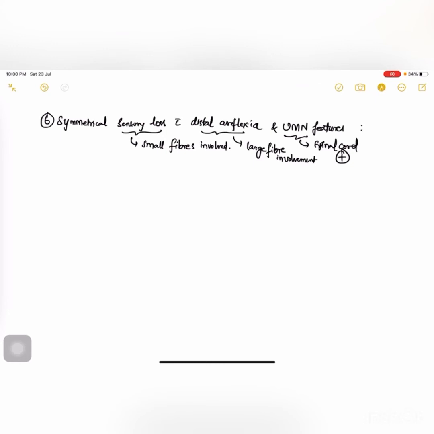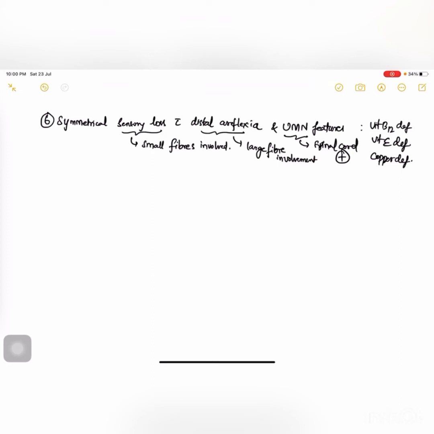This pattern we see in vitamin B12 deficiency, vitamin E deficiency or copper deficiency. So this type of pattern is seen in vitamin B12 deficiency, E deficiency and copper deficiency.